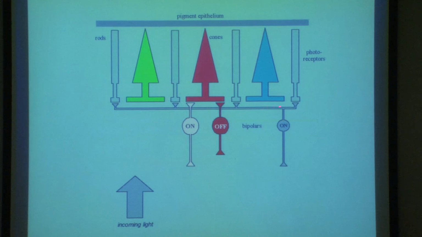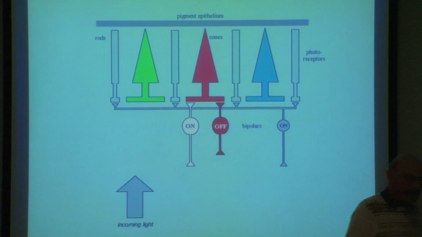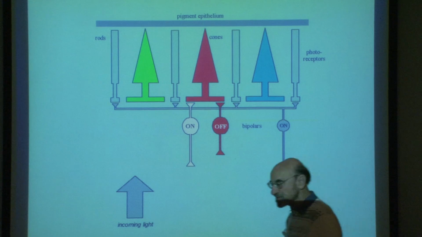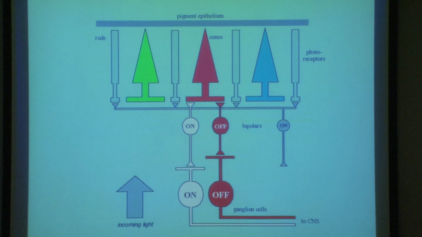But the rods in most species only have a single kind of bipolar cell, and we can refer to that as an on bipolar cell because the synapses are all sign inverting synapses using the mGluR6 neurotransmitter receptor site. So that's what we have there.